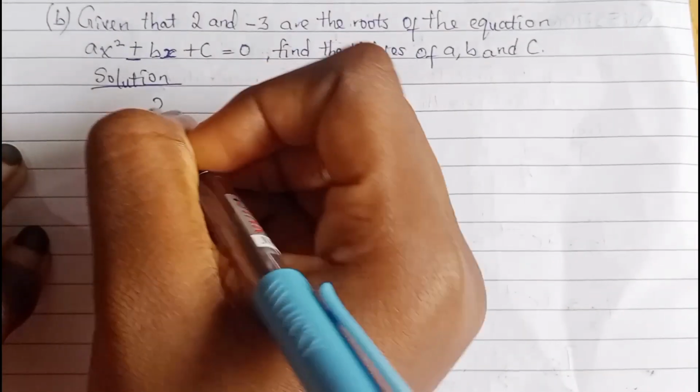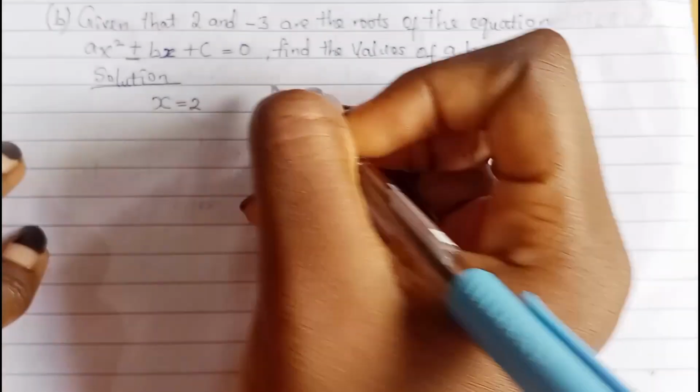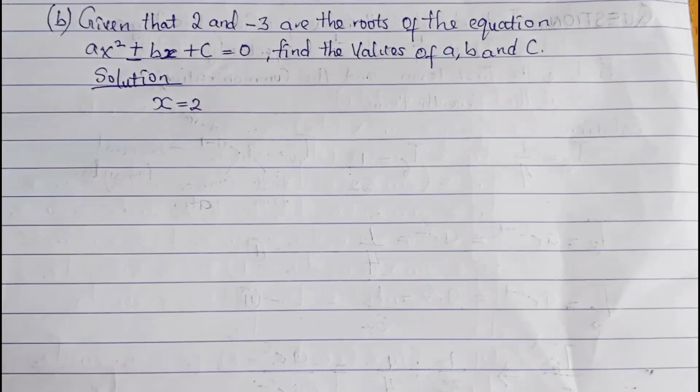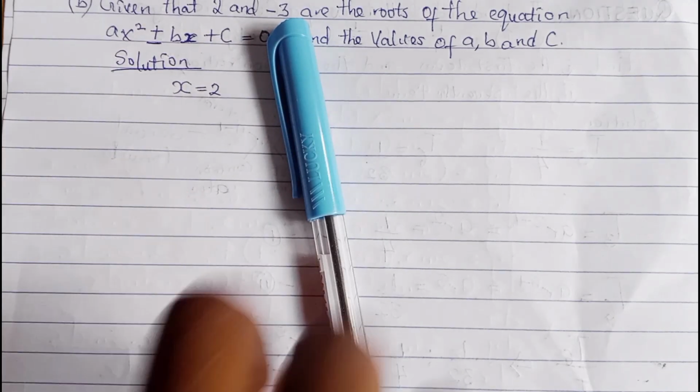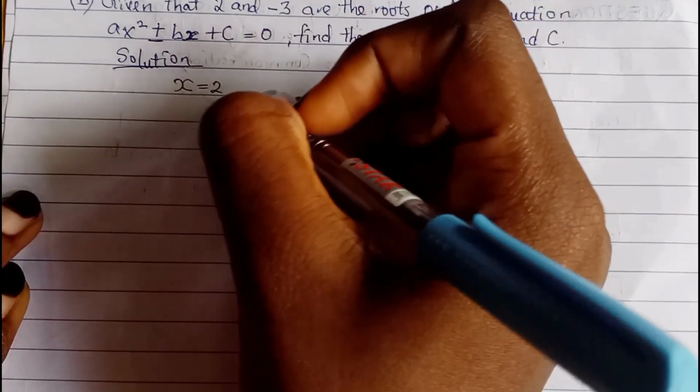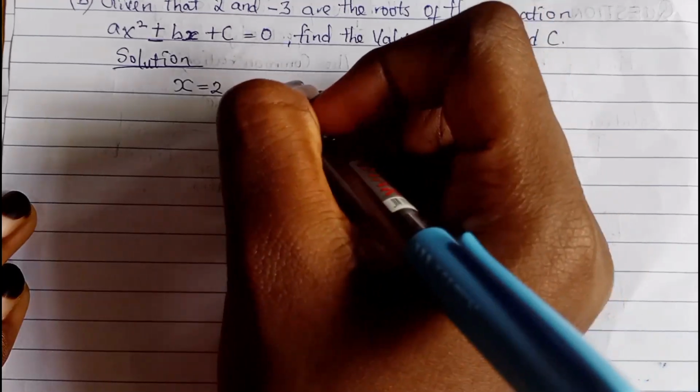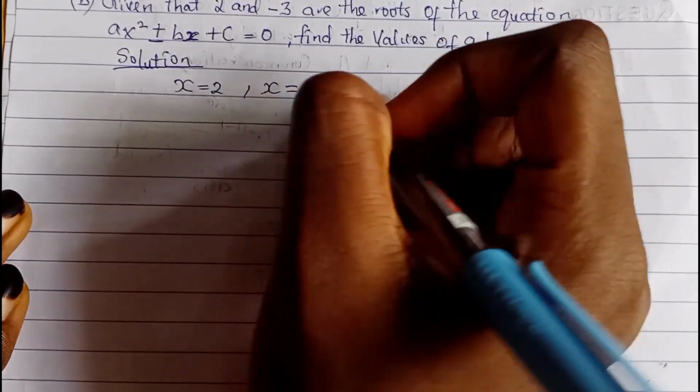Now we have our roots as 2. First, we have to start with what they gave us. So we have the roots as x equals 2, and also x equals minus 3.